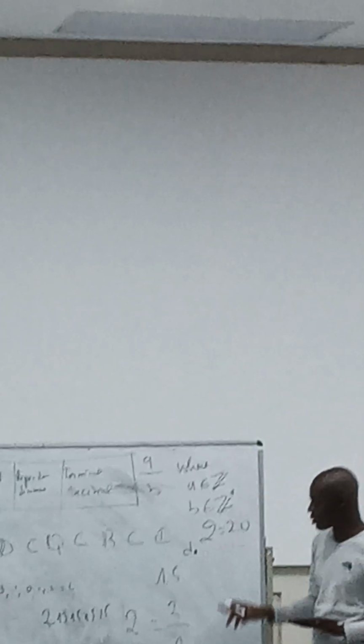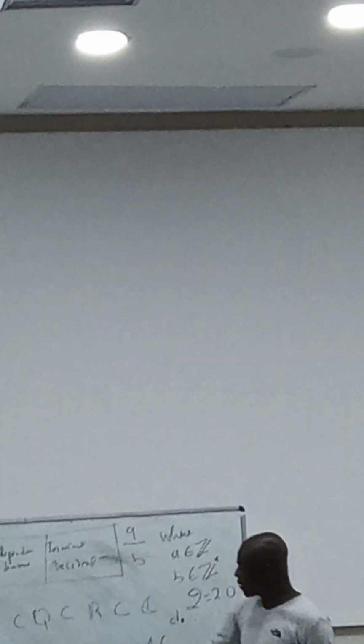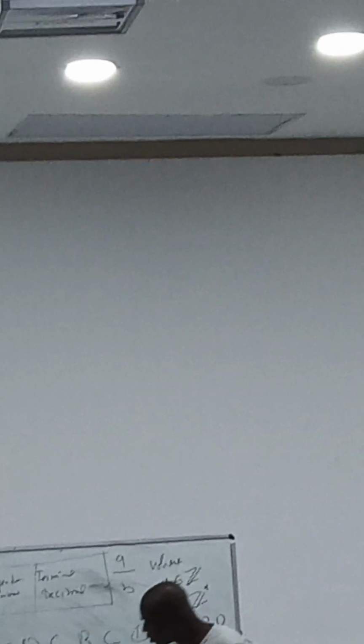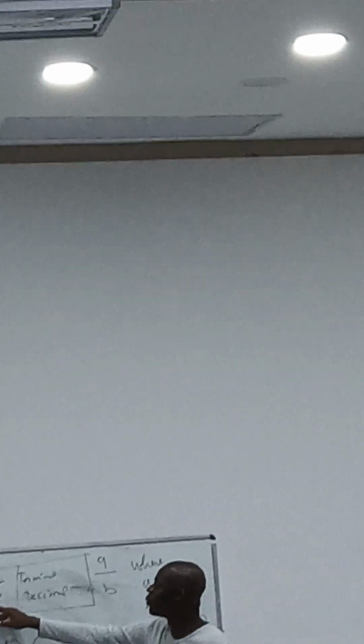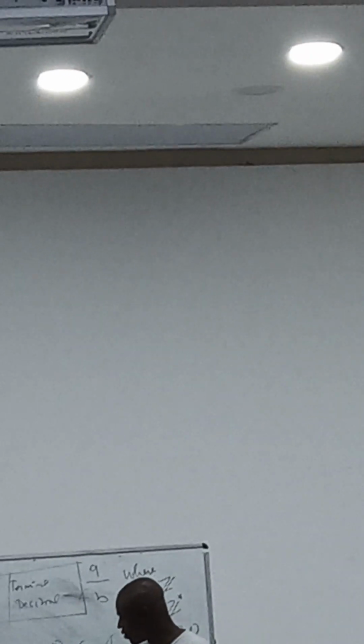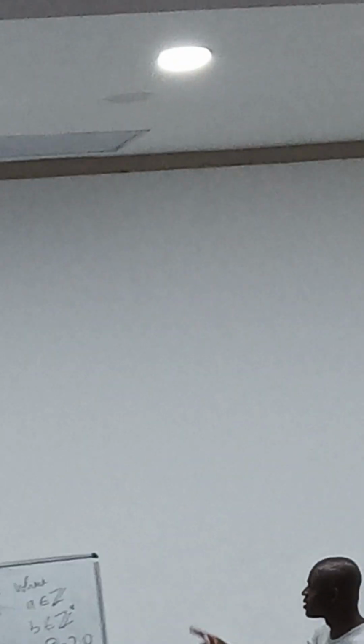Okay, so if I have this kind of representation, notice that 1, 5, 1, 5, 1, 5 is repeating. So we call it a repeating decimal, because 15 is repeating. It could be an infinite sequence, but it is repeating.